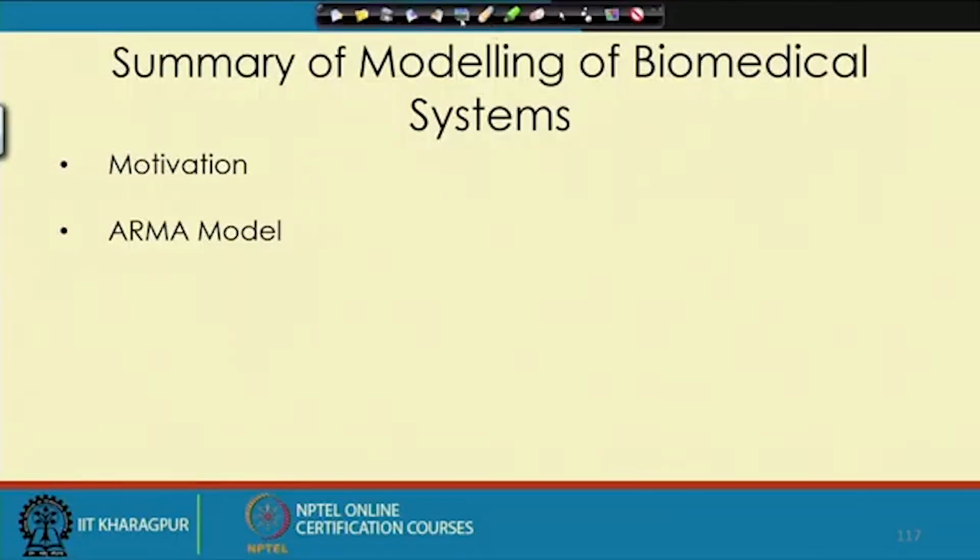Now, let us look at the theoretical part of it. What is the motivation for going for these models, or rather for parametric modeling? Let us take an example, that we have some points.